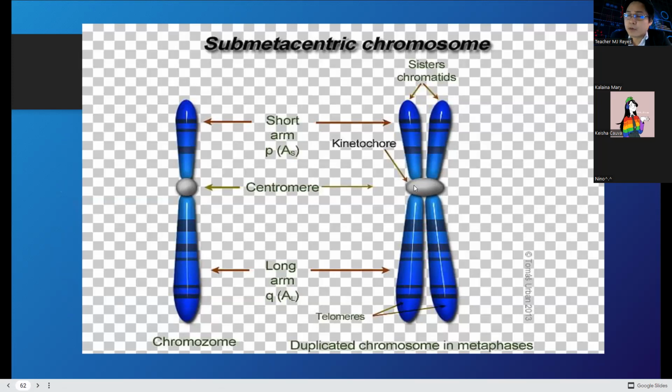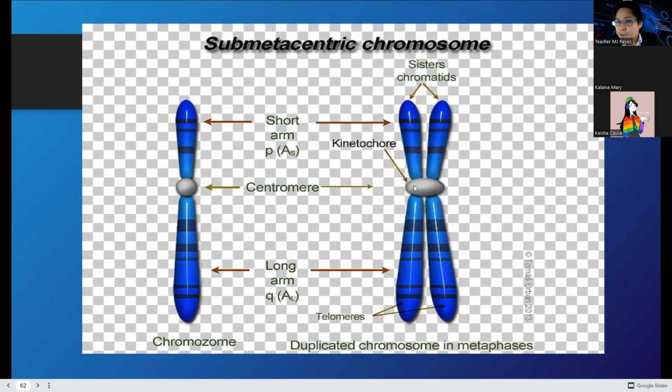When do the centrioles attach the spindle fibers? In prophase, the centrioles travel to separate or opposite ends.